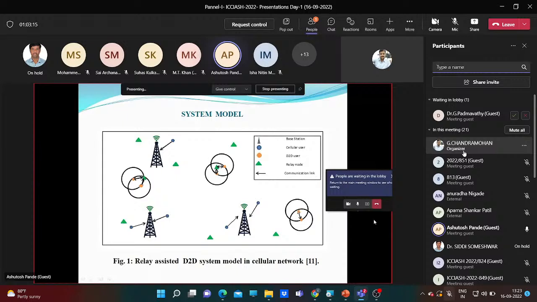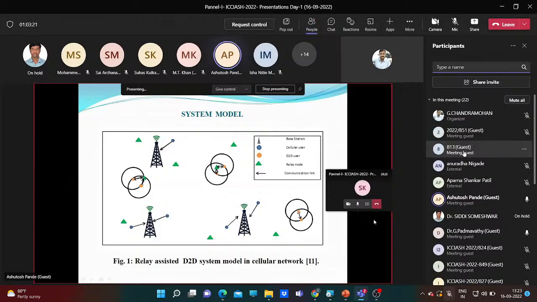This device to device communication may use the same frequency as used by cellular networks. In that case, there may be interference between them. This system works in time division duplex mode. All device to device users and cellular users use the full sub-channel available in the network.